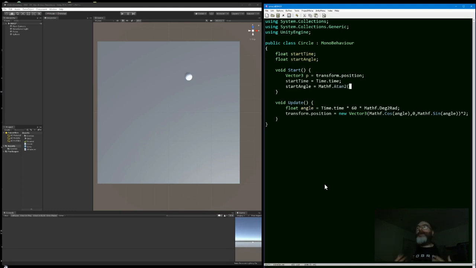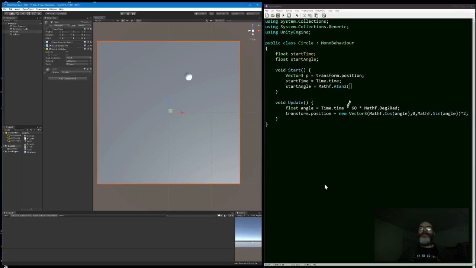And then you pass into it the x and y coordinates of the particular point for which you want to calculate an angle. So this, in this case, would be the coordinates of my ball, because it's relative to the origin of 0 here, relative to the origin.